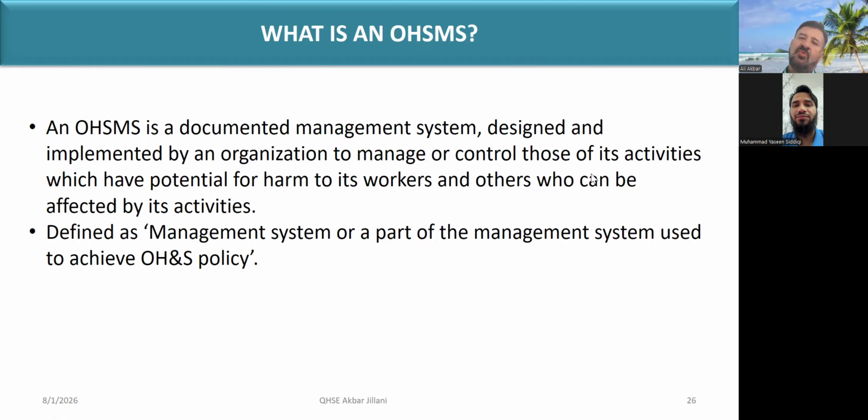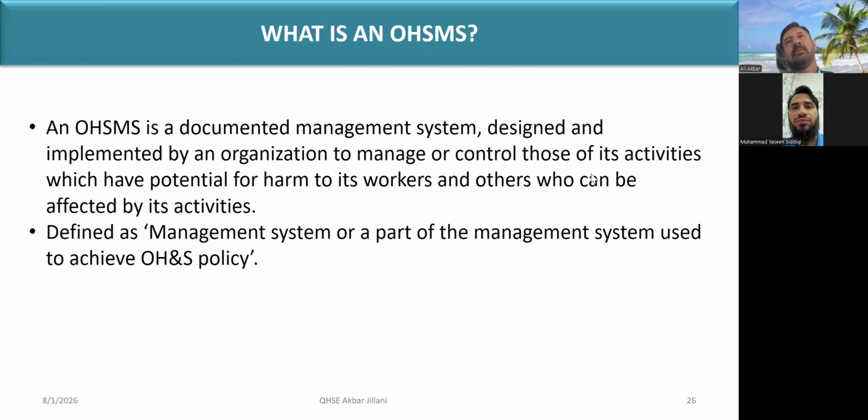Once you know this, in the management system we have high level documents. The top level document is the policy, supported by objectives, and objectives supported by procedures. And we have two types of procedures. One is the system procedure, like for this training, as per the ISO standard 45001, the standard we are talking about.